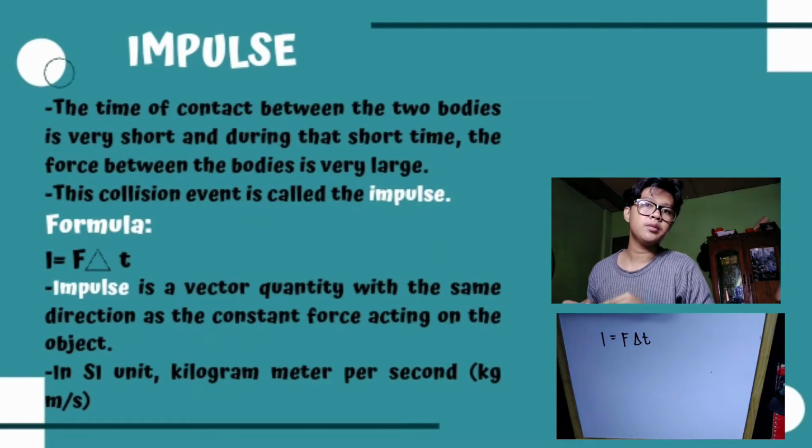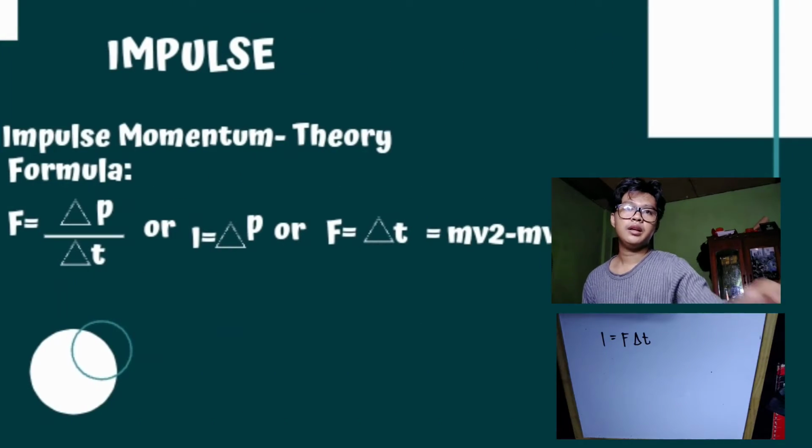Impulse is a vector quantity with the same direction as the constant force acting on an object. In SI units, it is kilogram meter per second. In impulse, we have the impulse-momentum theorem.